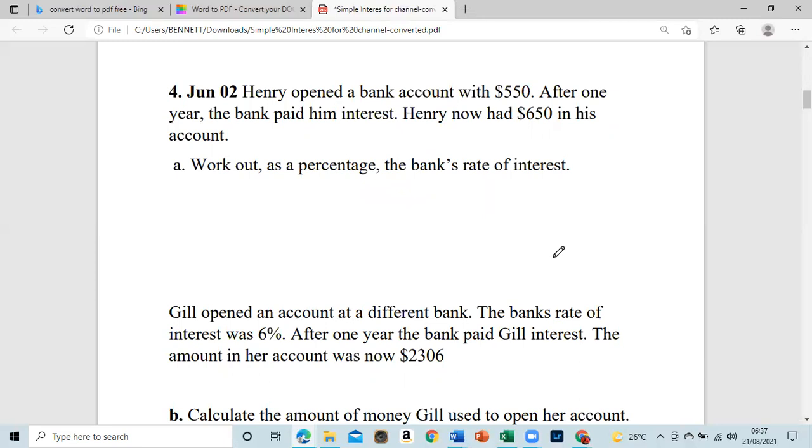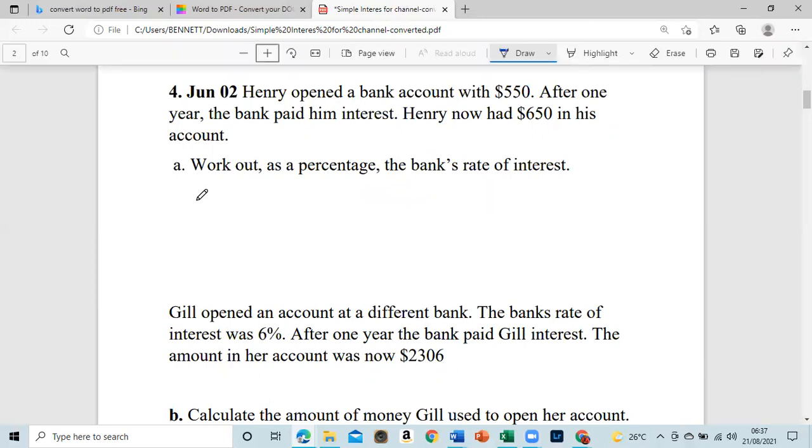So I will have to say, his initial investment was $550. And then now, after interest, we get $650. So we have to know how much interest he got, right?